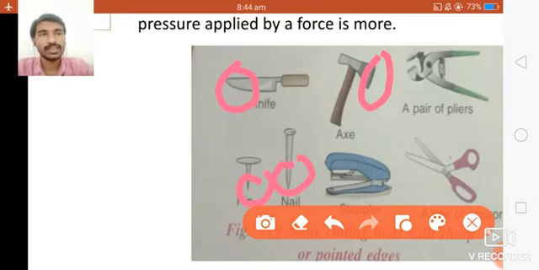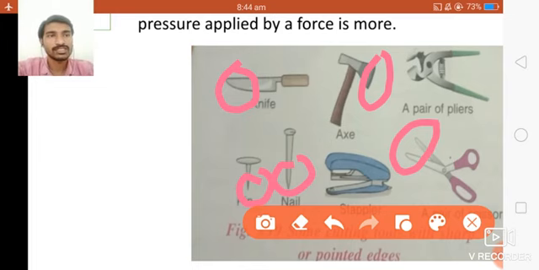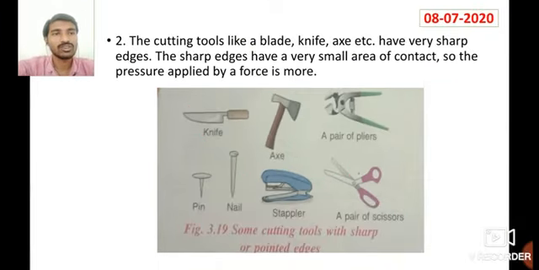Similarly, a nail, pin and a pair of scissors, everything has a sharp edge. So by applying a force, the pressure applied will be more. Why will the pressure be more here? Because the area is very small. That means a sharp edge we can see here.